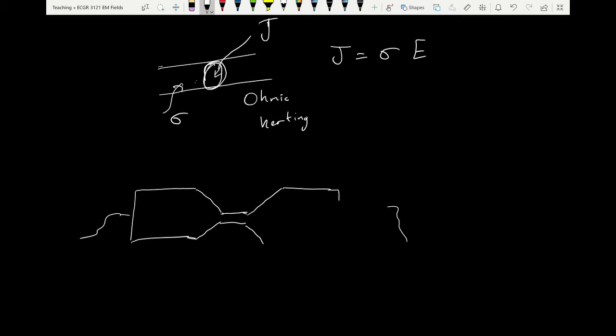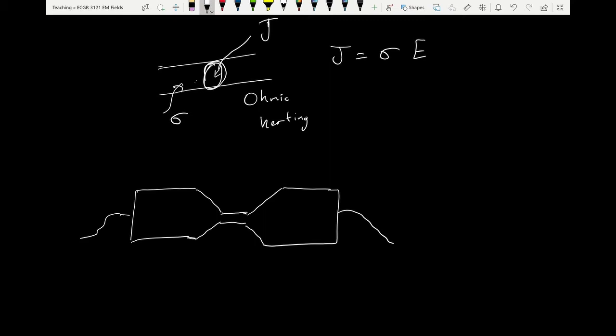The idea is that if the current gets higher than a certain designed value, this passageway in the middle will heat up to the extent that it vaporizes and disconnects the circuit.